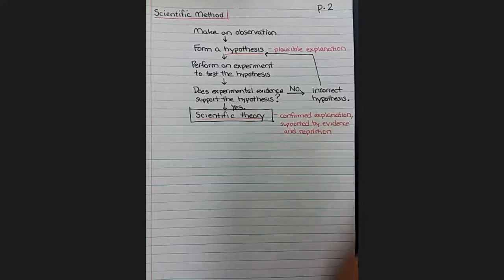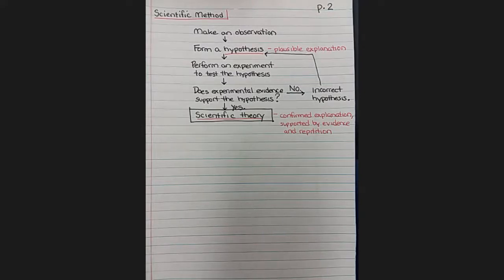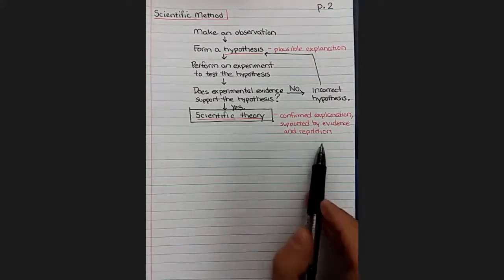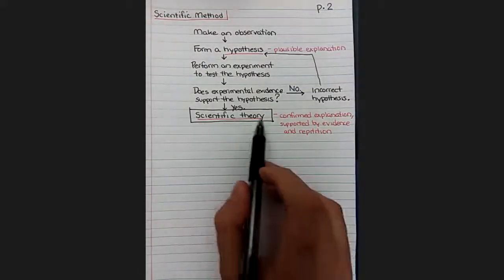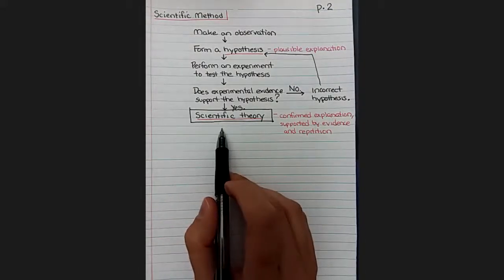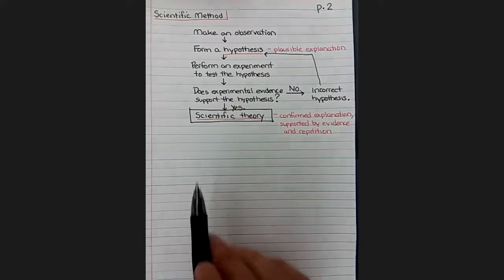We have to be able to reproduce the situation and to be able to explain it with the same scientific theory every time it happens. So a scientific theory is something that the wider scientific community generally agrees and accepts to be true, such as the theory of gravity. And so this is most of the time where we think about the scientific method as stopping. We reach a scientific theory, we understand how it works, our job is over.